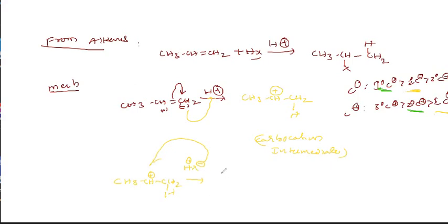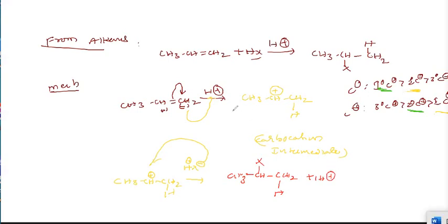So here it forms the product, CH3 and CH3, here CH, then CH2, HX plus H plus. Already in the first step we are using one H plus. That H plus we have to remove.